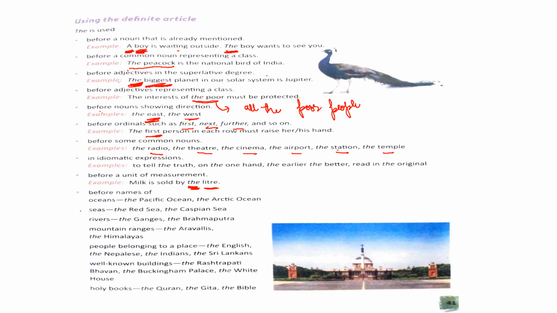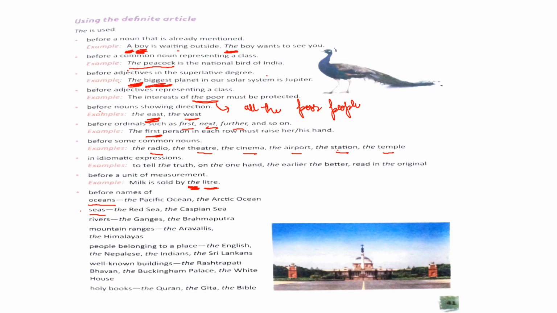Then the is also used before names of, first one, oceans. You must use article the before names of oceans. For example, the Pacific Ocean, the Arctic Ocean. It is also used before the names of seas, the Red Sea, the Caspian Sea.